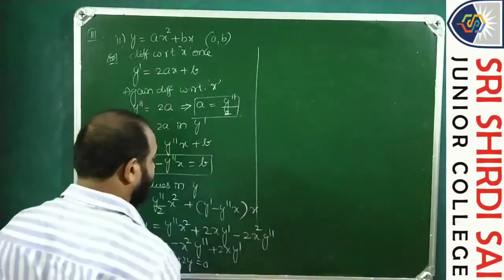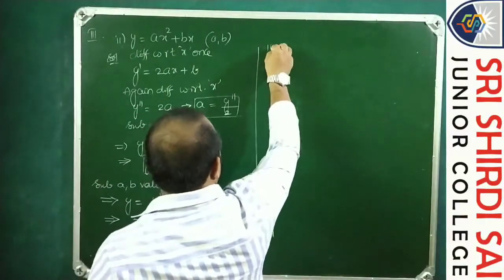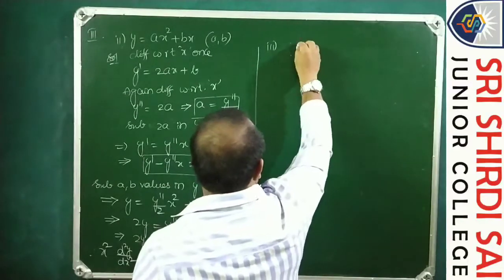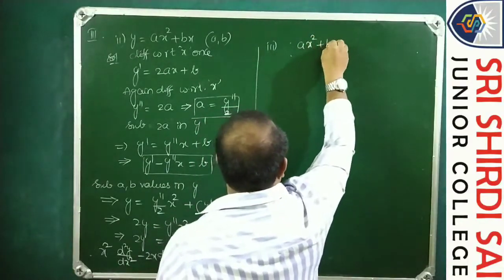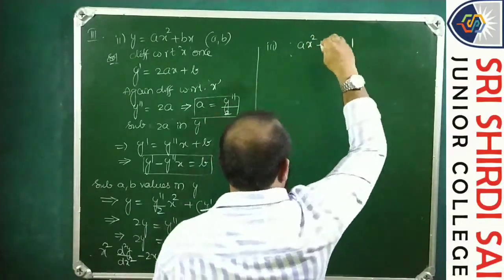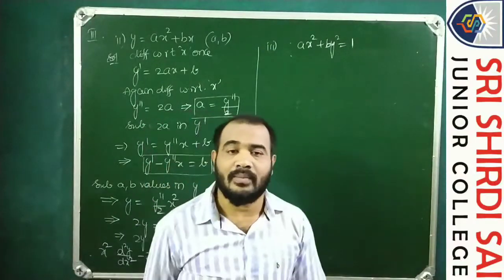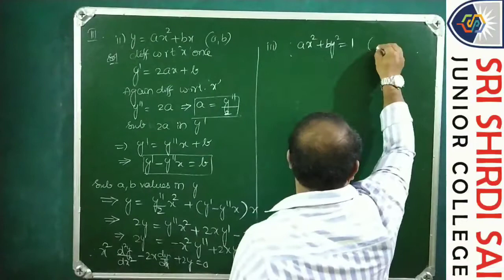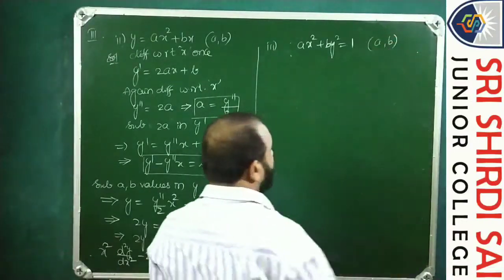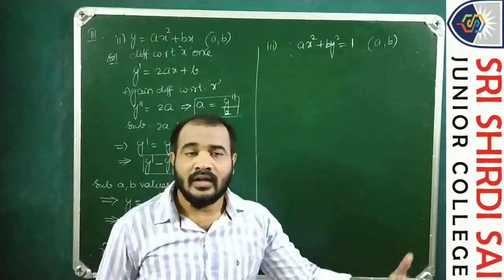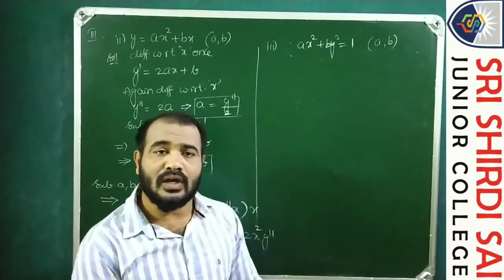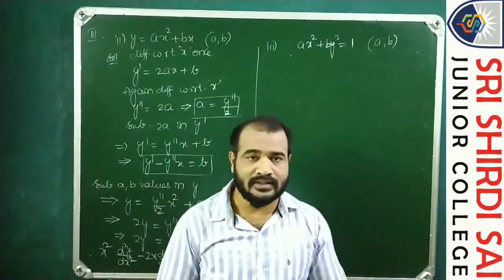Now, the third one is ax square plus by square is equal to 1. Ax square plus by square equals 1. Here we have to eliminate the parameters a and b, so obviously we have to differentiate it twice.